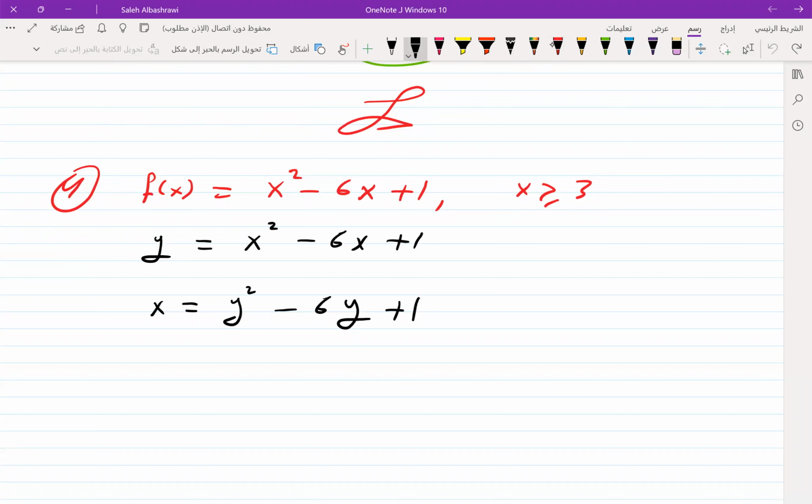Now I want to solve for y. But this is a quadratic equation. And to solve for y, I'm going to use completing the square with respect to y.